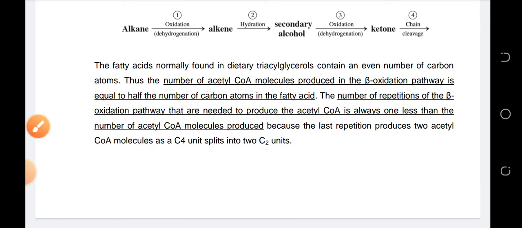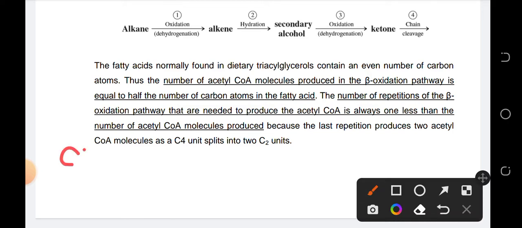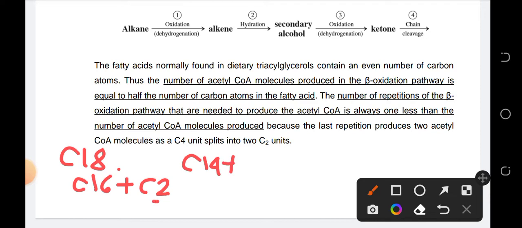Kasi ang mangyayari dyan, kung una, di ba 18 siya? So, dun sa pangalawa, magiging 16 na lang siya plus yung acetyl. Tapos yung susunod, 14 plus another acetyl.